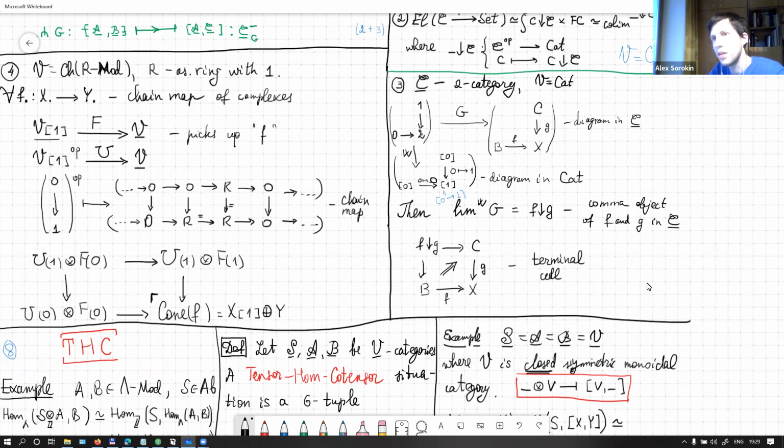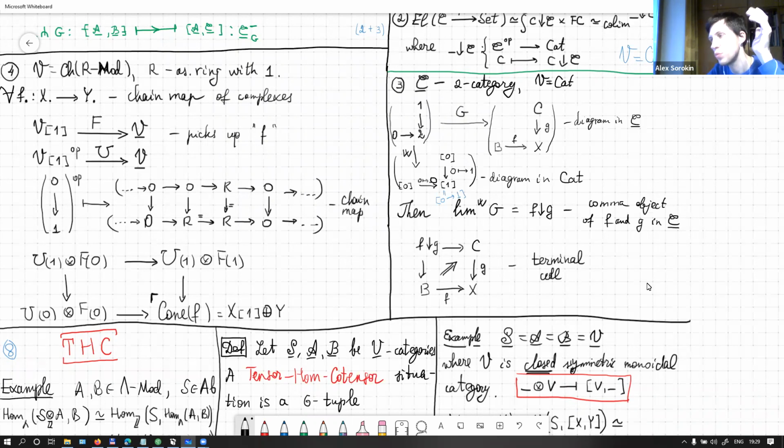So V1 here on this side is an enriched interval. So we are taking the interval category. It has two objects and one non-trivial arrow, and we enrich it in the category of chain complexes. I don't want to talk much about this, but it's not difficult to do. Then we are taking a functor from this category, and this functor, to go into any category, will be picking there in the target precisely one morphism.